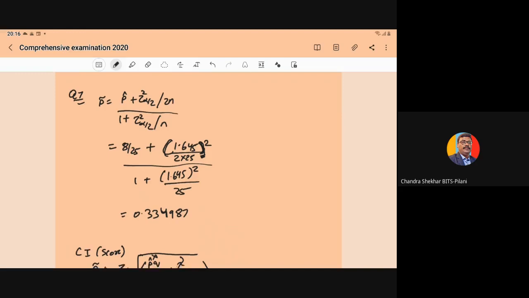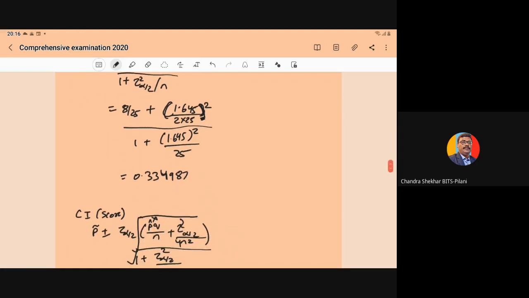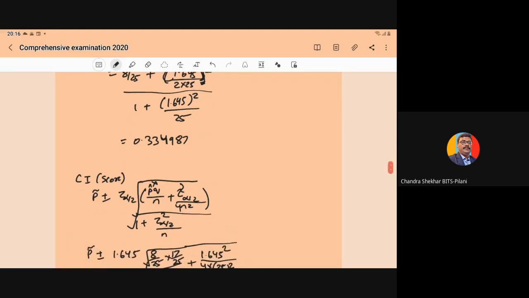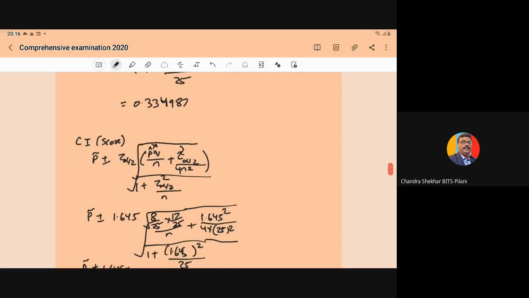So this value will come 0.334987. Now the score confidence interval will be p tilde plus minus z alpha by 2 square root of p cap q cap upon n plus z square alpha by 2 upon 4n square, upon 1 plus z square alpha by 2 upon n.